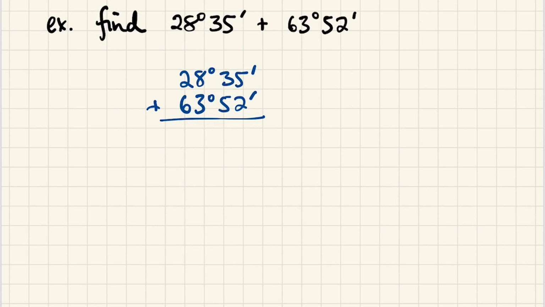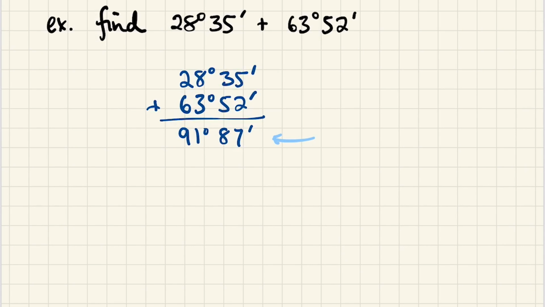And we're going to add the degrees and add the minutes. If we added the degrees together, we would get 91 degrees. And if we added the minutes together, we would get 87 minutes. So our answer preliminarily would be 91 degrees, 87 minutes.